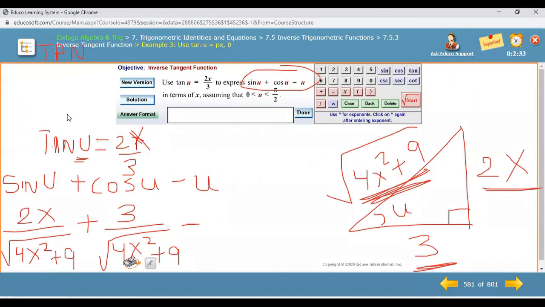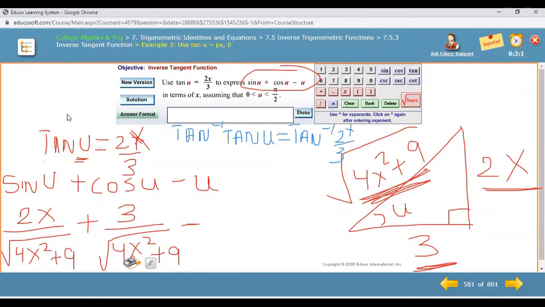Let me write it down here. To calculate u, what we do is we operate with the tangent inverse on both sides. This will give you your statement. Statement gives you tangent inverse tangent u equals tangent inverse 2x over 3.